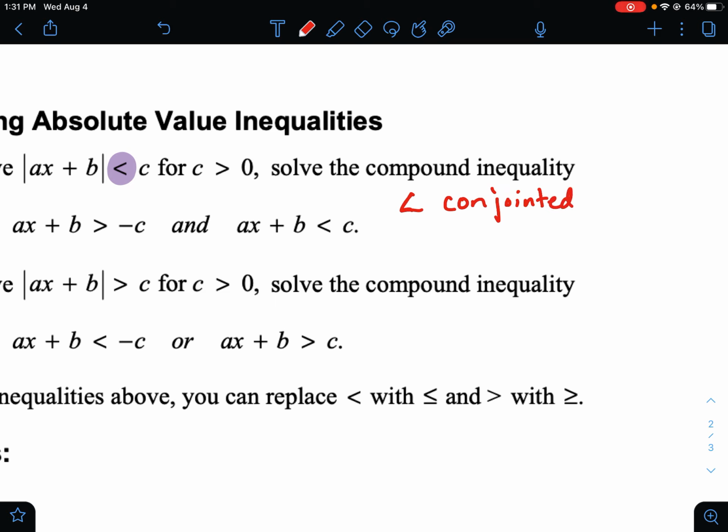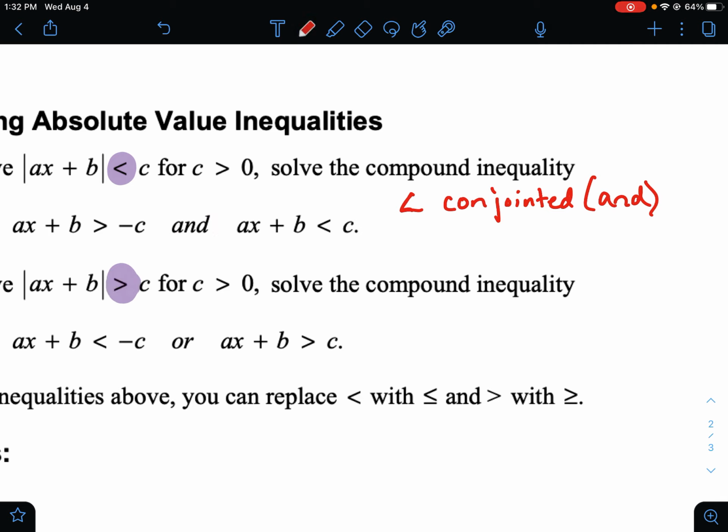You don't really need to know what conjointed means, but you can probably figure out that it means they would be together. So this would be your "and." The inequality that's less than kind of looks like a C. See, less than is C. So less than looks like a C, so this is conjointed, so I know that this would be "and."